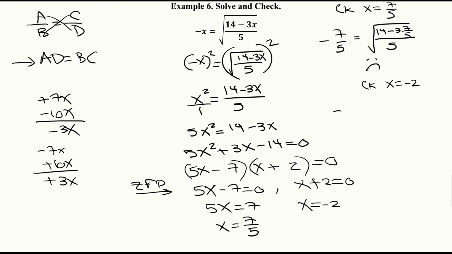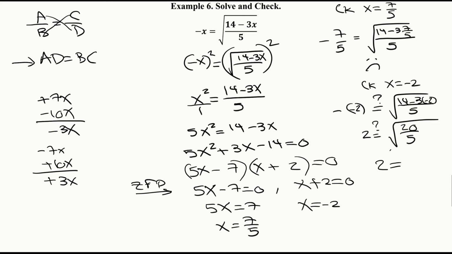So we want to know if the opposite of -2 is equal to the square root of 14 minus 3 times -2 over 5. This definitely looks more promising because at least we get a positive number on this side. We are still checking. So we get 14 plus 6, which is 20 over 5.